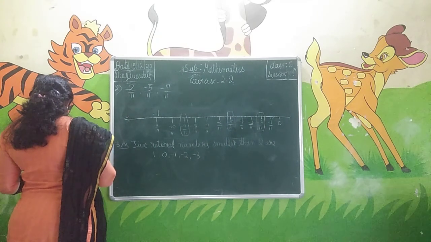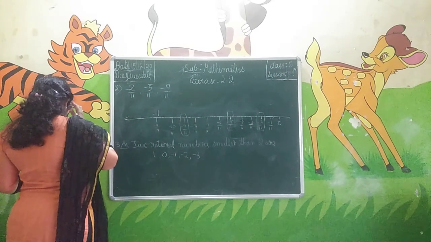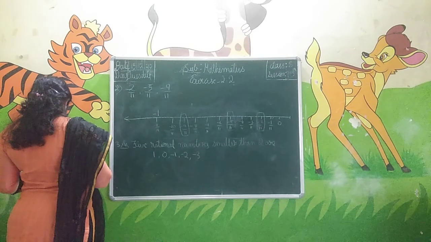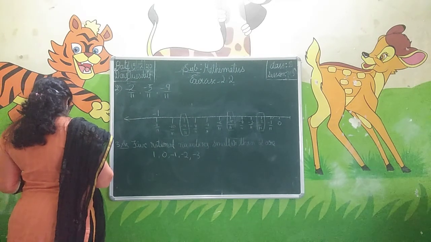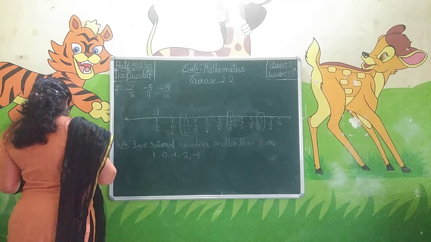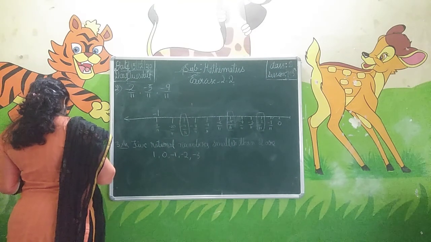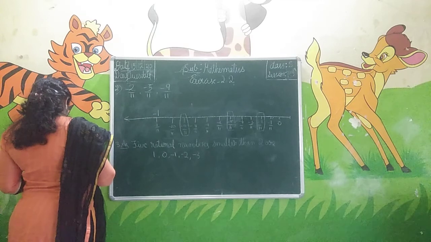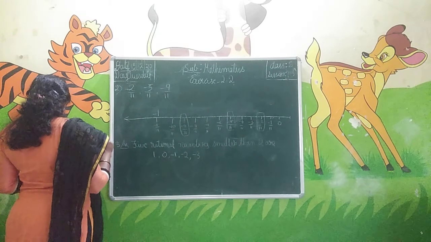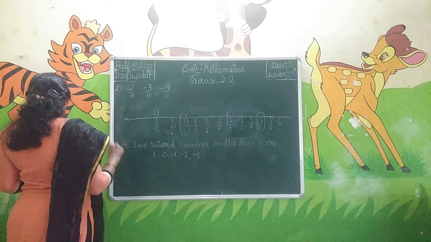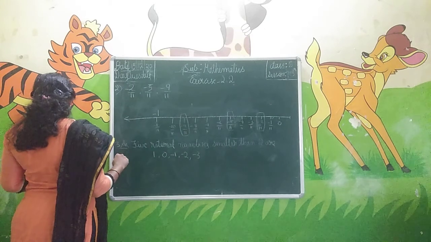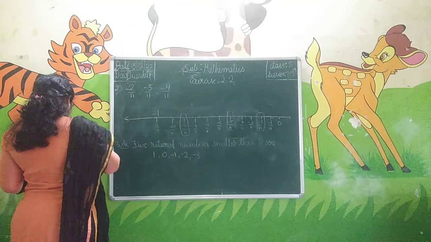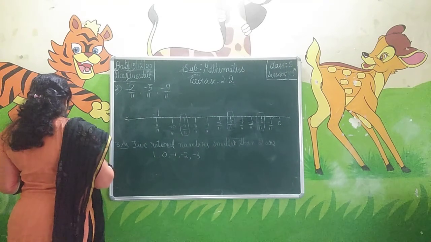Next, find the rational numbers between... Find 5 rational numbers between 2 by 3 and 4 by 5, and also -3 by 2 and 5 by 3.